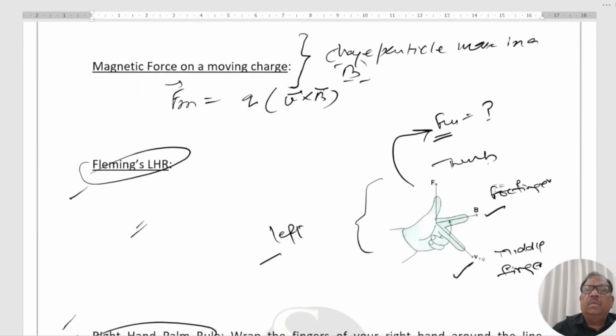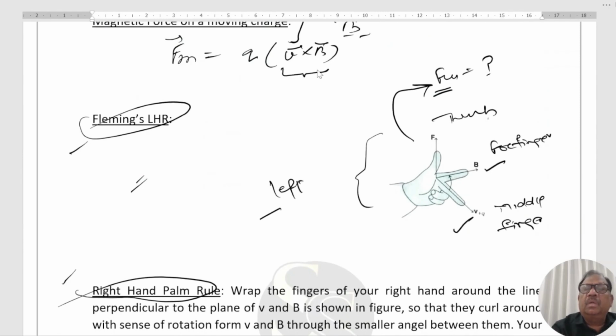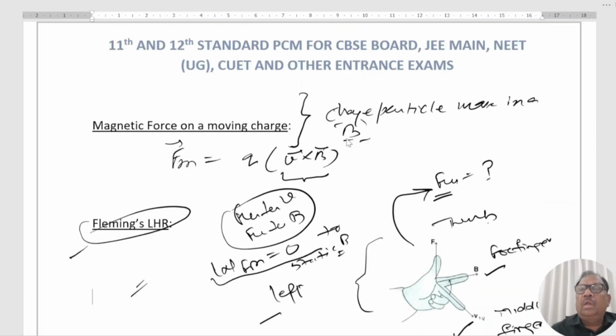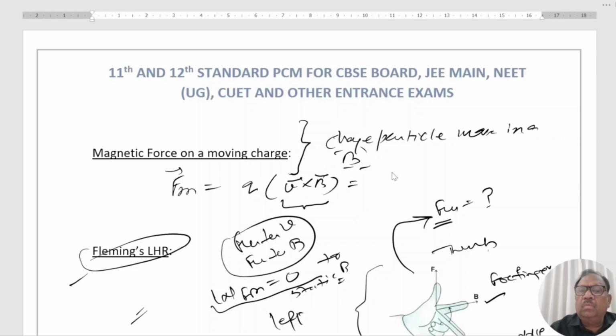Also, V cross B means Fm is perpendicular to V and Fm is perpendicular to B. Means work done by magnetic force is 0 for static B. If we take F equal to QVB sin theta, theta equal to 0, parallel, theta equal to 180 degrees, anti-parallel, magnetic force is 0.